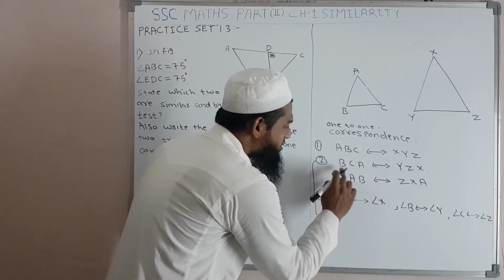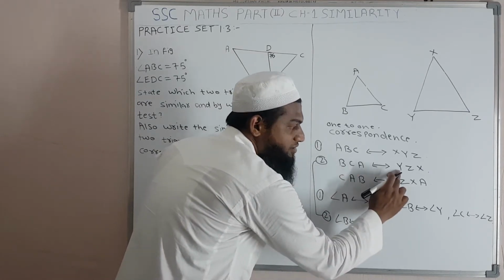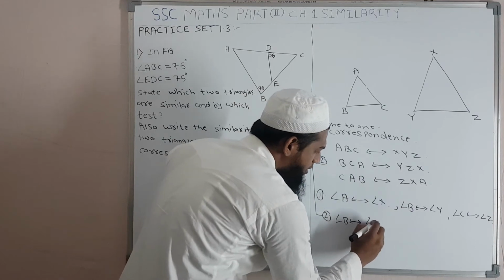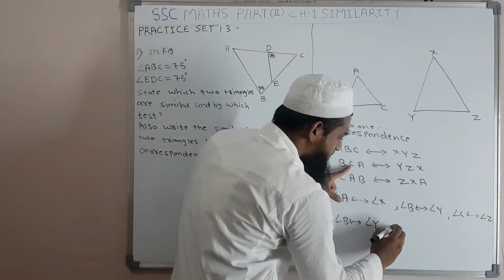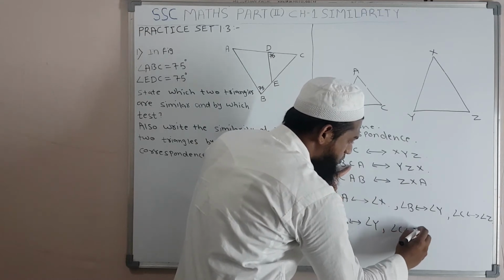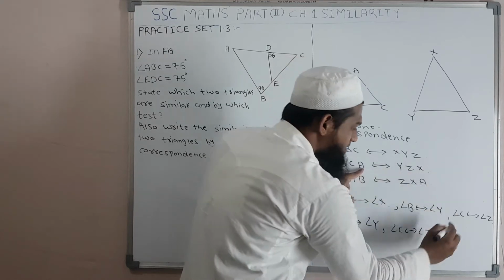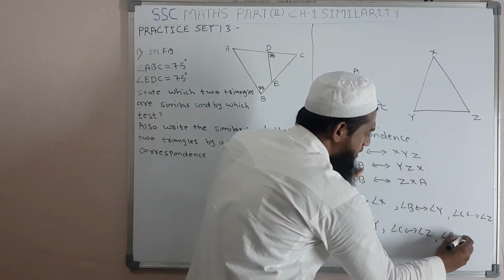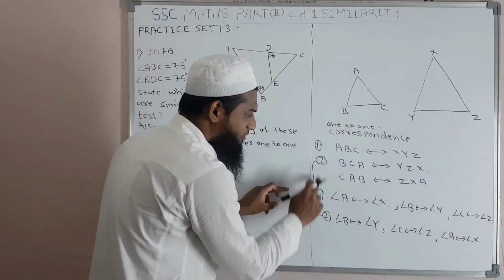The first angle B corresponds to the first angle Y, angle Y, comma, angle C corresponds to angle Z, and angle A corresponds to angle X. This is about the second one.